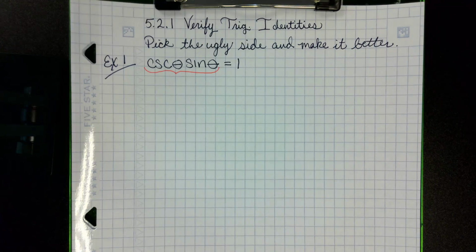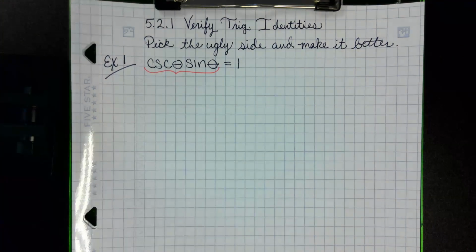All right, so if I have cosecant and sine, and I know I want it to equal 1, there's not a lot I can do here, so I'm just going to turn everything into sines and cosines. And any time one thing is a fraction, make everything a fraction. So either everything is a fraction or nothing is a fraction.